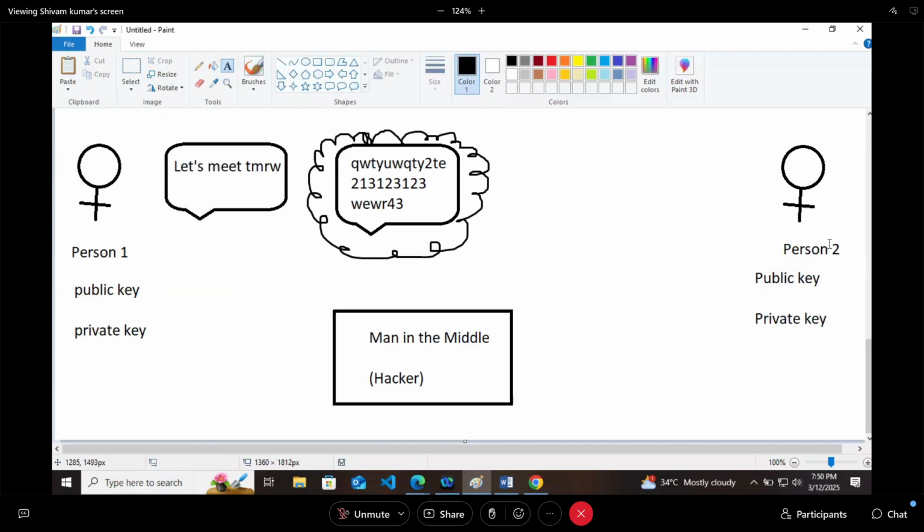There are 4 keys available: person 1's public key and private key, and person 2's public key and private key. Which key will person 1 use? Think and tell me. You can have a discussion but in a very low voice.